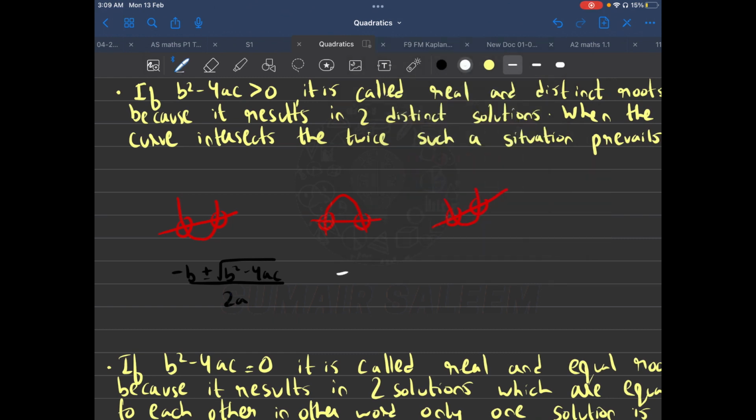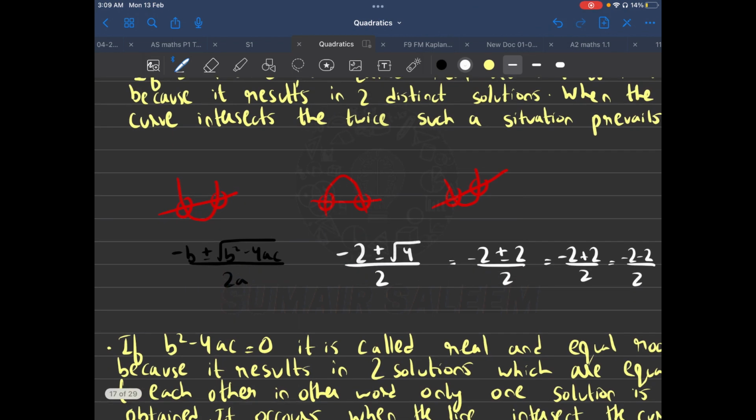Okay, now let's suppose here it's minus 2 plus minus under root 4 upon 2. How many answers will I get? Plus minus 2 upon 2. It's going to be minus 2 plus 2 upon 2 and minus 2 minus 2 upon 2, right? So one answer is 0 and the other answer is minus 2.